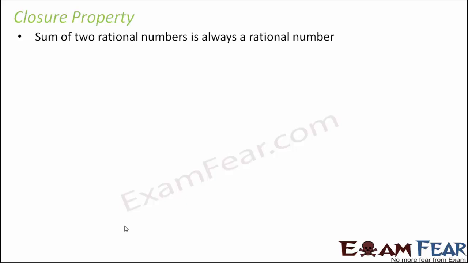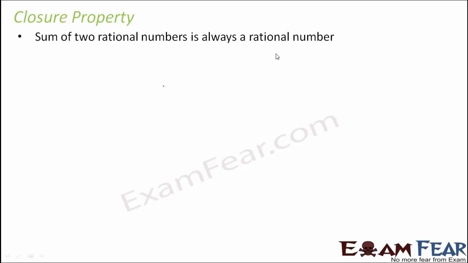Now the closure property exists for different operations. Like the closure property exists for addition of rational numbers, it exists for subtraction of rational numbers, multiplication as well as division of rational numbers. As per the closure property for addition, it says that the sum of two rational numbers is always a rational number.